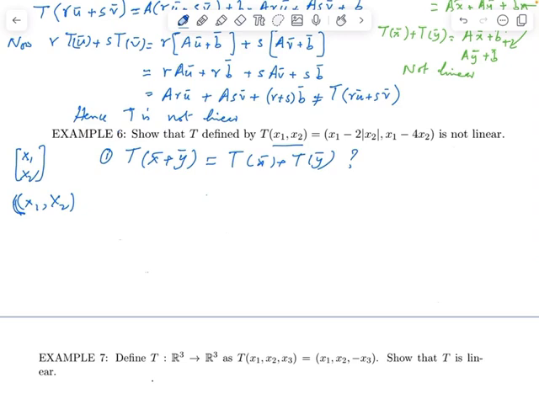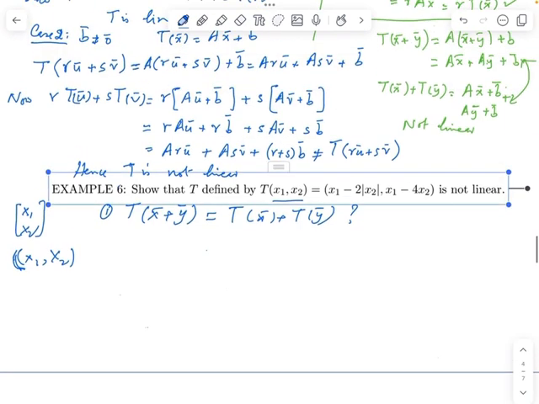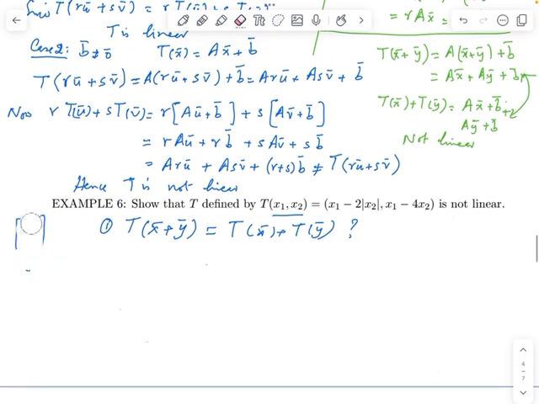But before we start, let's figure out what the coordinates are going to look like. If the coordinates of x are x1, x2, and the coordinates of y are y1, y2, we are going to add them.